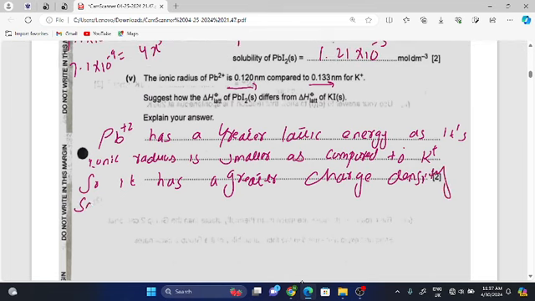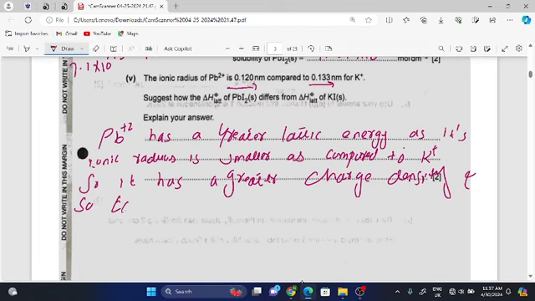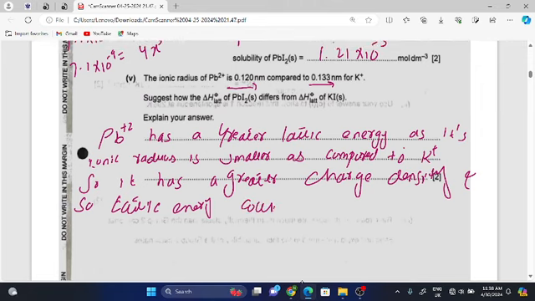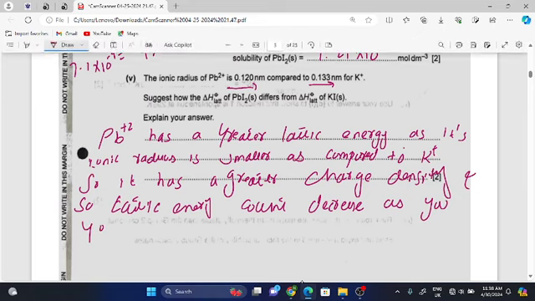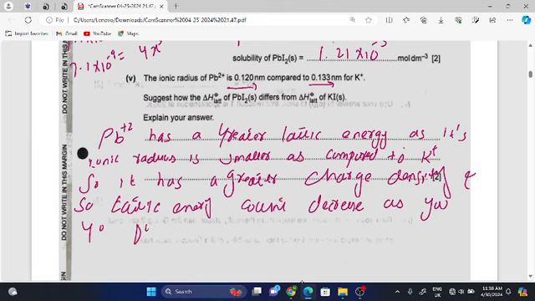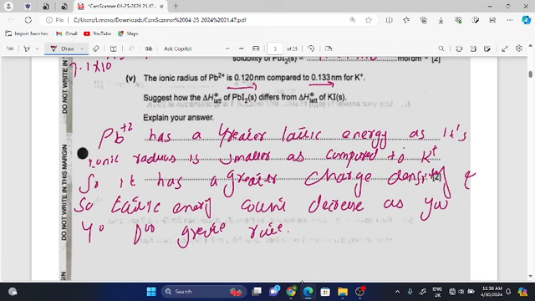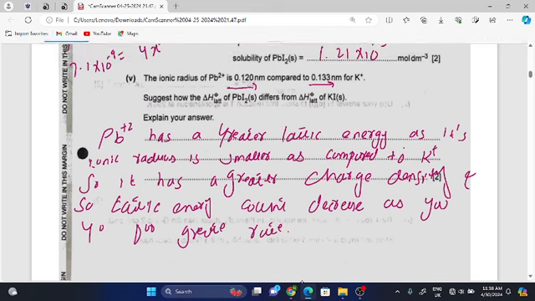And so lattice energy will be greater. Or you can also write it down like this: Pb2+ ion has a greater lattice energy as its ionic radius is smaller as compared to potassium ions.